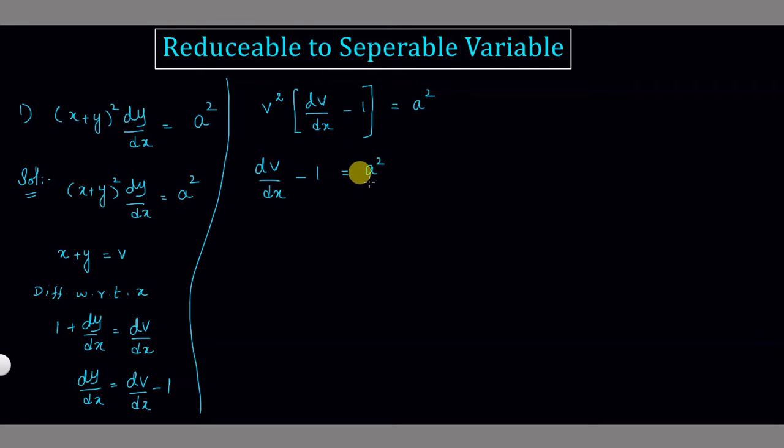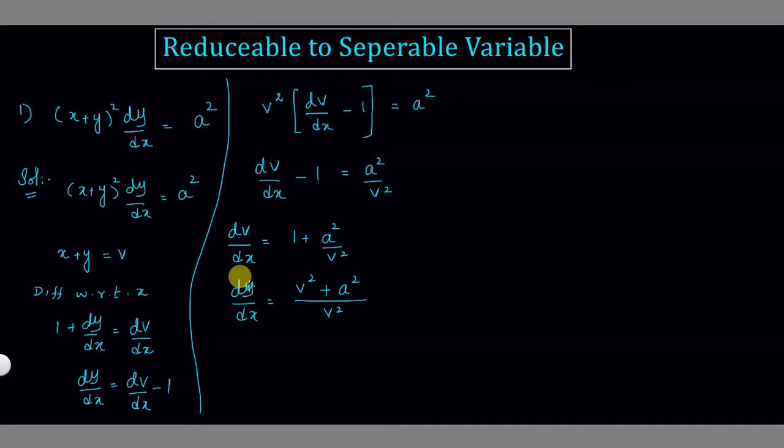a square over v square. If you take 1 on the right hand side, so 1 plus a square by v square, and if we get the LCM, we have this one.